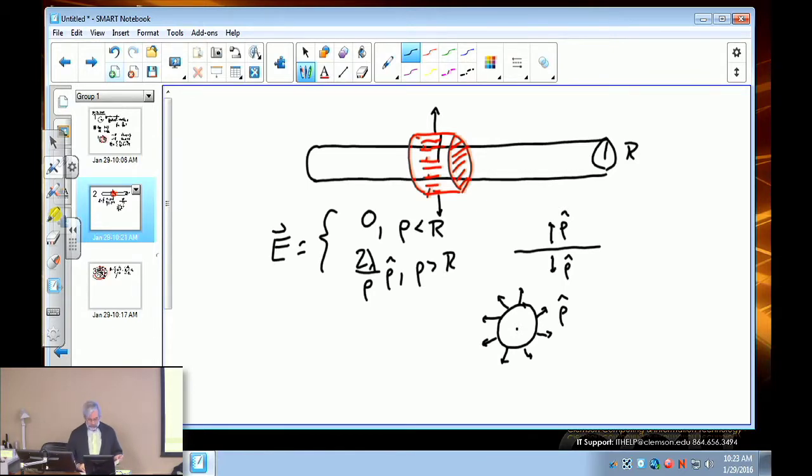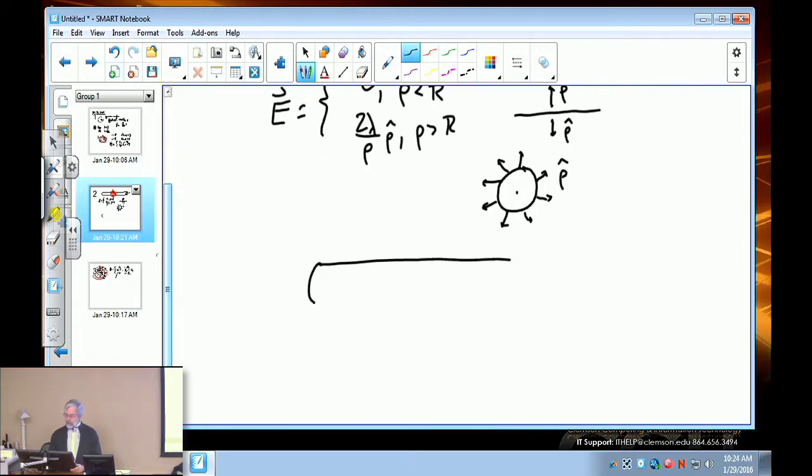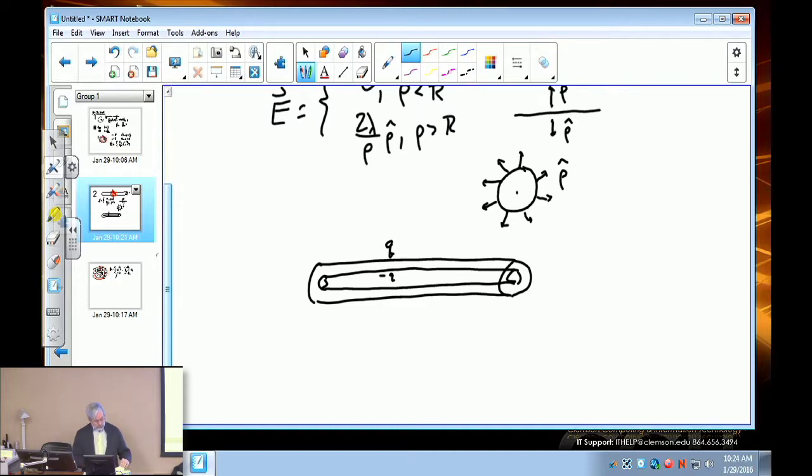Okay, now you could again, when you have the coaxial cylinders, that's the next problem. Consider a coaxial cylinder, which is a combination of two cylinders. They're concentric, one inside the other. And now I'm going to put opposite charges on them, plus Q and minus Q, or the other way around.